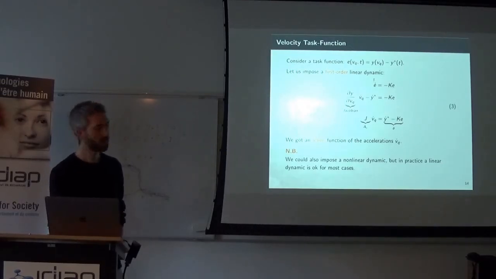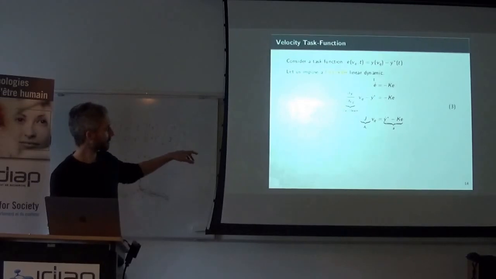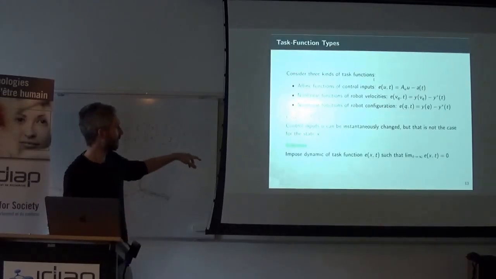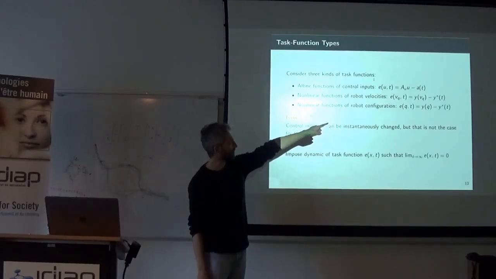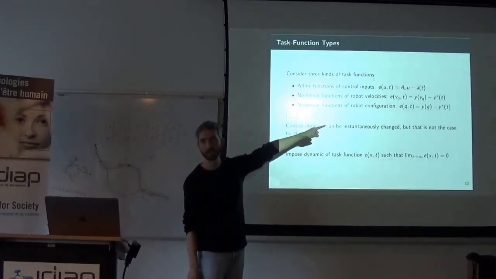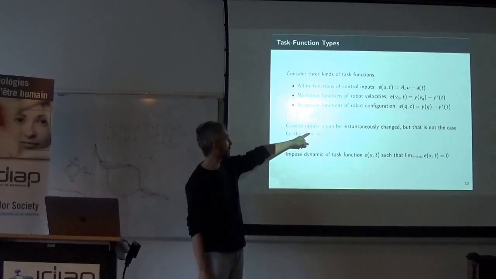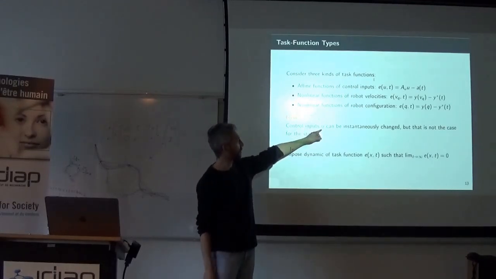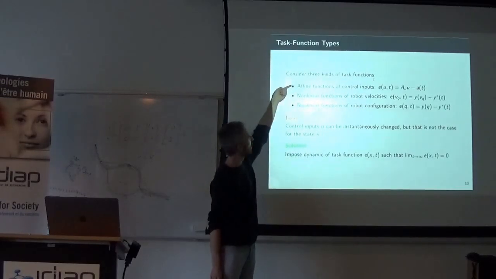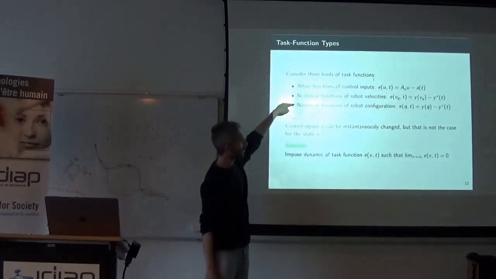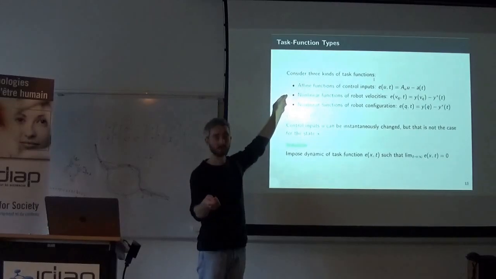We saw in the previous slide that we cannot instantaneously change the error function when it depends on the state, because instantaneously we can only change the control inputs. So we can only instantaneously change this kind of function, whereas for this and this we cannot change them instantaneously.